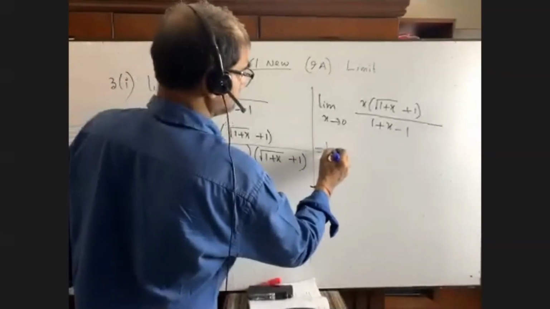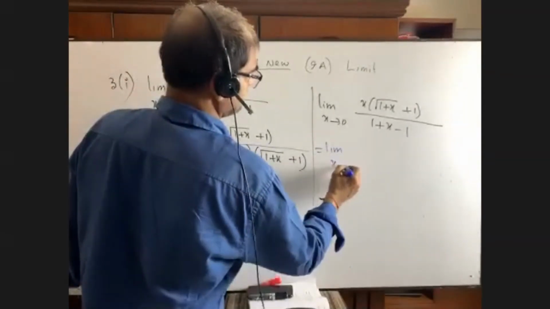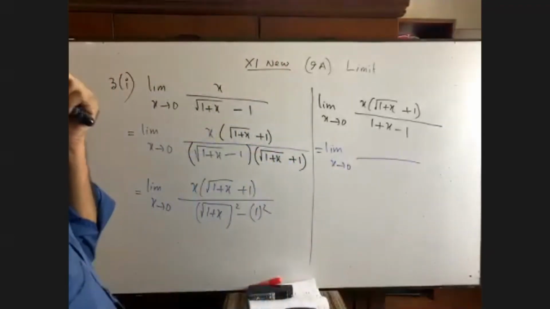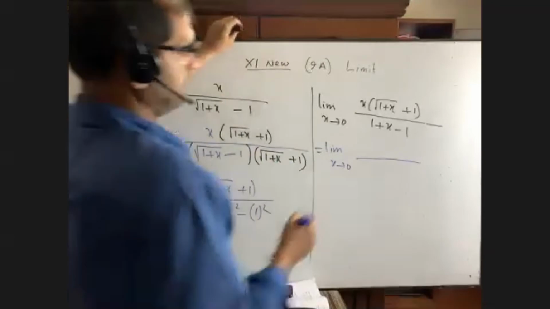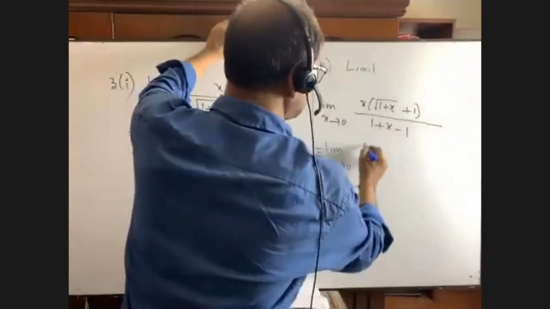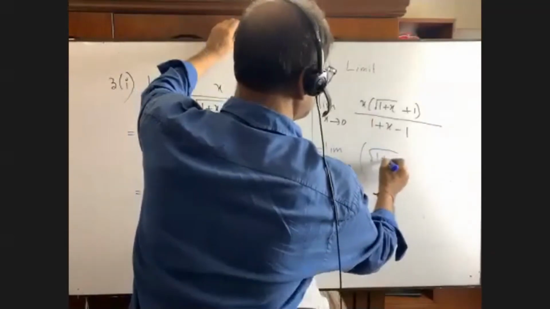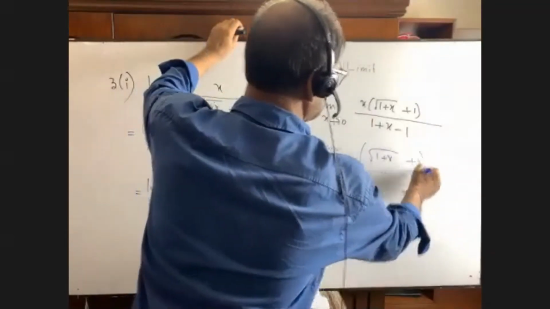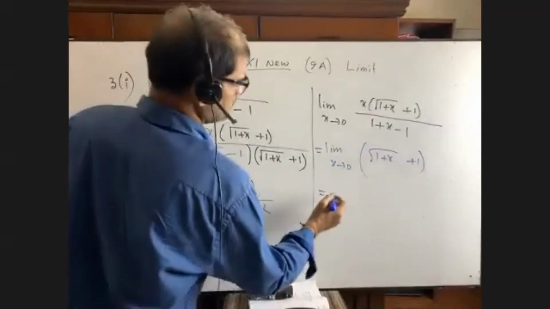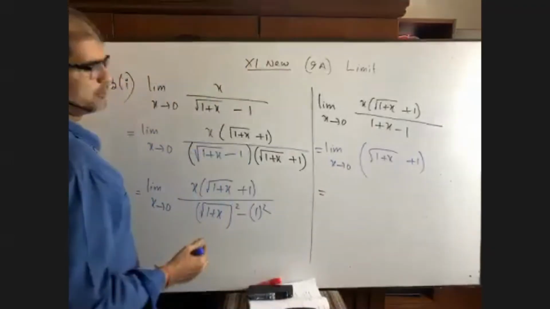That means limit x tends to 0. We are getting 1 will be omitted, x will be omitted. So we'll be left with only root over 1 plus x plus 1. Now, can you put the value of x equals 0? Now you put the value of x equals 0. That is 1 plus 1. Answer is 2.